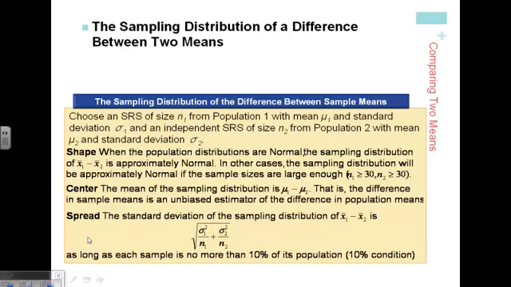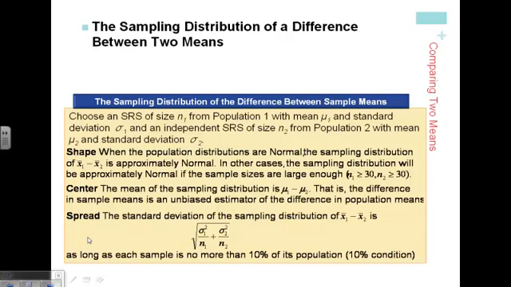So we have to say, are we in a proportion world? Are we in a mean world? Are we in a world where we think of categorical variables? Or are we in a world that has to do with quantitative variables? Only in the quantitative world, only in the world of means, does the central limit theorem and the 30 rule come into play. We're in that world right now. Got it?